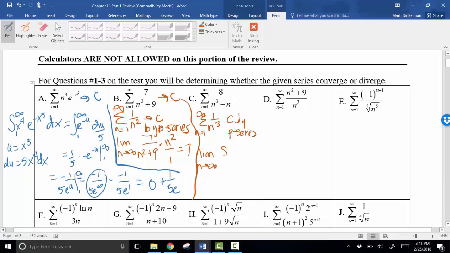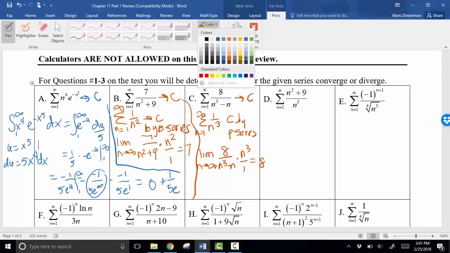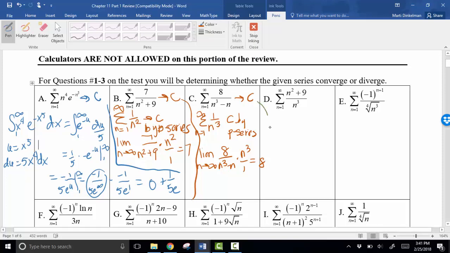So we would do this 8 over n cubed minus n, and again, technically divided by 1 over n cubed, which multiplies. And this one is 8. Again, I think you should make this decision about converging right about at this point, but on a free response, if we wanted to prove it, we would have to do the limit.